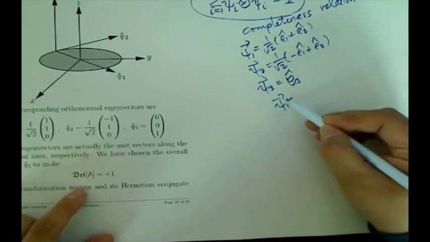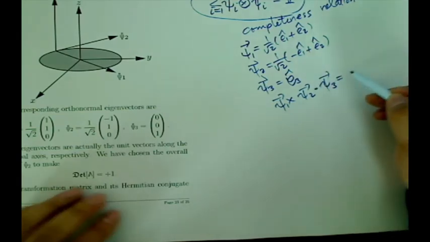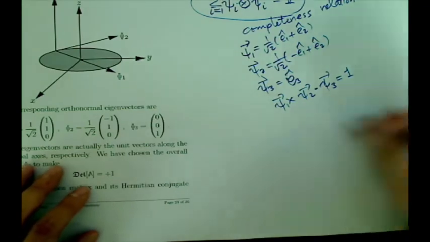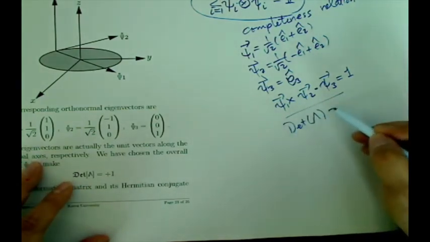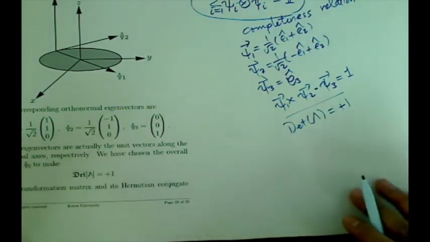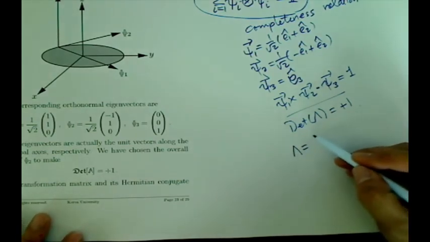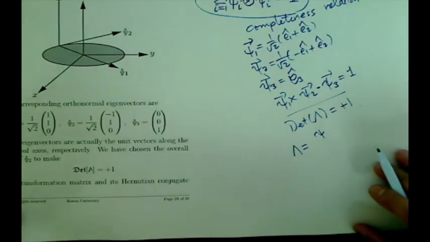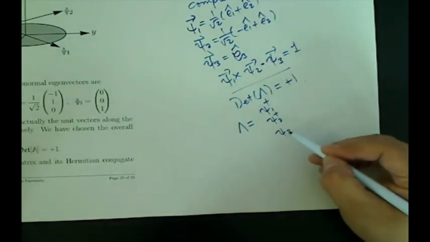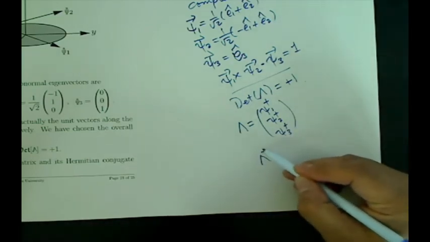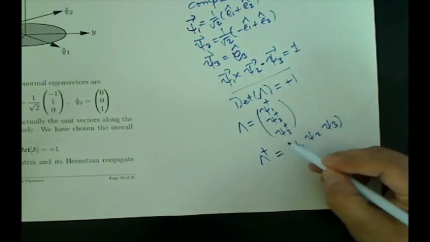We can always construct the triple scalar product of unit vectors to be 1, then it becomes cyclic. In that case, the determinant of lambda should be plus 1. You remember lambda is psi 1 dagger, psi 2 dagger, psi 3 dagger, and lambda dagger is psi 1, psi 2, psi 3, right?